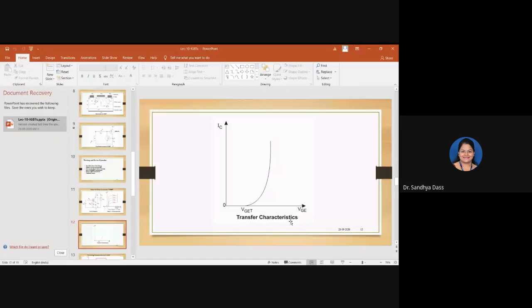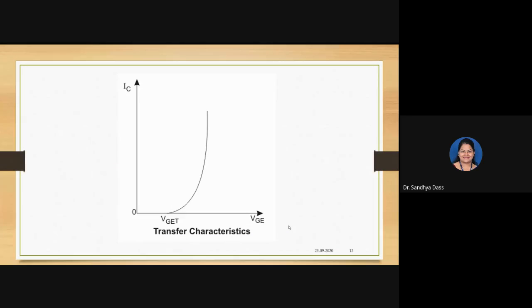The collector current starts increasing after the threshold voltage, that is VGET. After threshold voltage, you can observe the output current rising here. Okay, that is about the transfer characteristics.